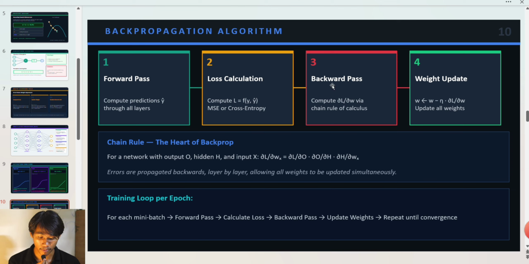In third, backward pass, the error is propagated backward through the network using the chain rule, and at the last, weight update, the weights are adjusted using gradient descent. This process repeats many times until the model achieves good accuracy.